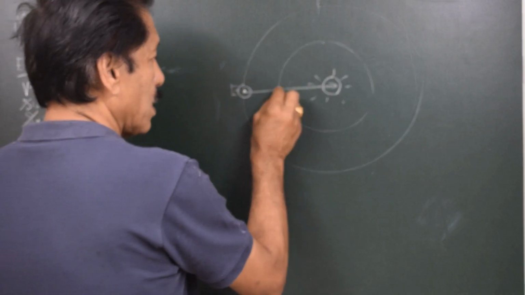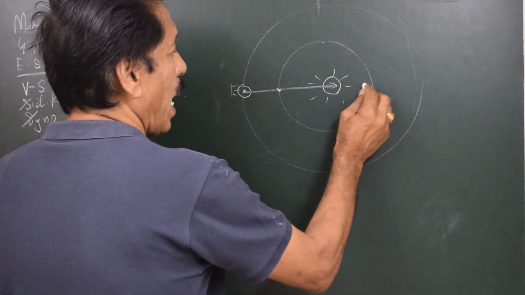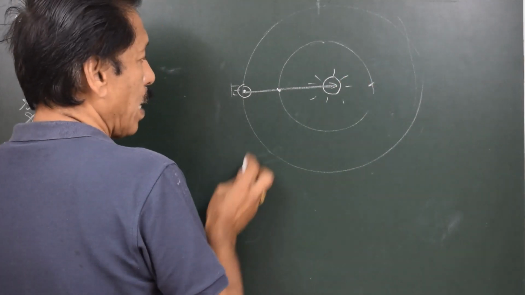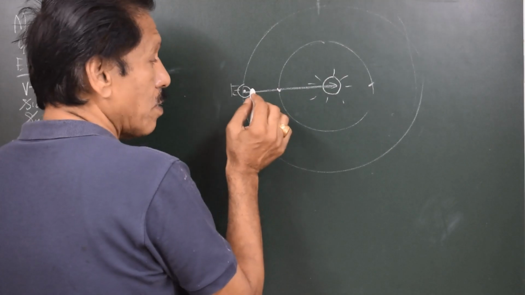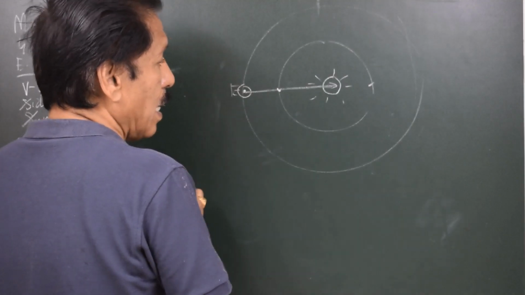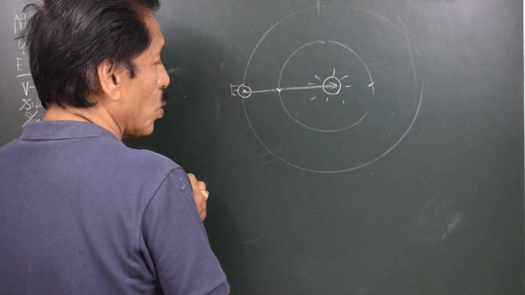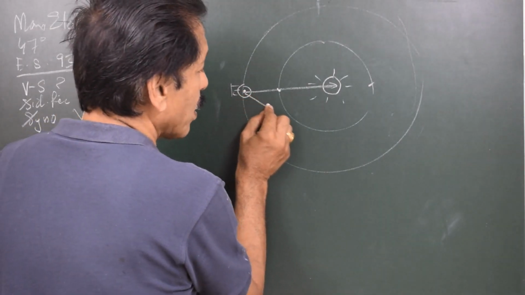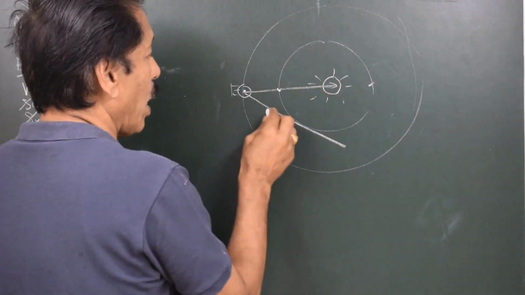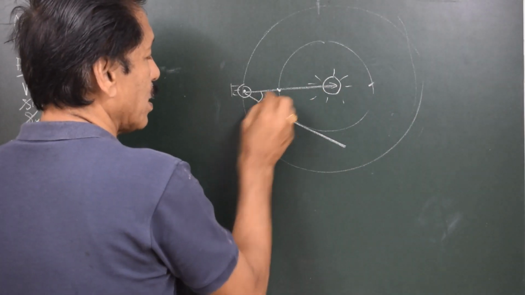Maximum you can have is inferior conjunction and superior conjunction, and therefore the elongation which Venus can have is limited to 47 degrees, as is said in the question. The maximum elongation, that is the maximum it can move away from the Sun, is 47 degrees.